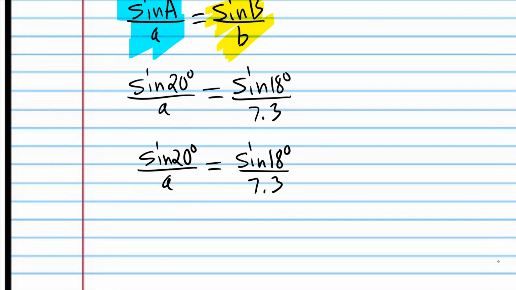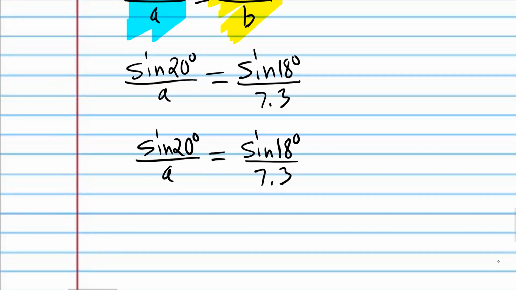I'm then going to convert these fractions so that they have a common denominator. So I'm going to multiply both sides of this fraction by 7.3. And I'm going to multiply both sides of the other fraction by a.